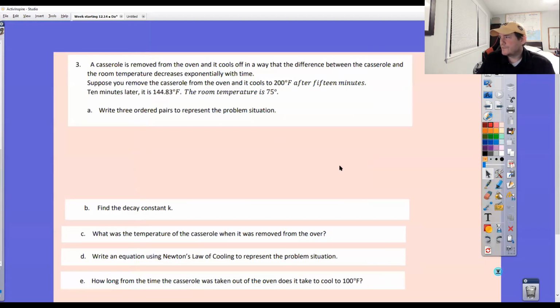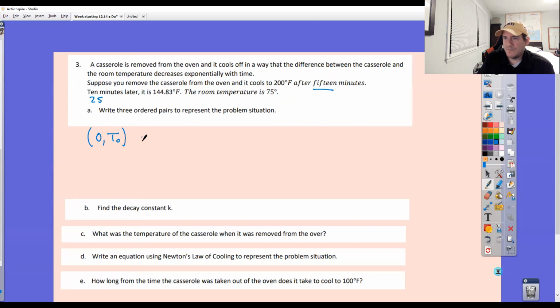Okay, so she's saying for a problem like this, we really need to know that initial temperature. And the problem is we don't. For whatever reason, they took the casserole out, but they didn't take a temperature reading until 15 minutes later, and then 10 minutes after that. So that's technically 25 minutes.